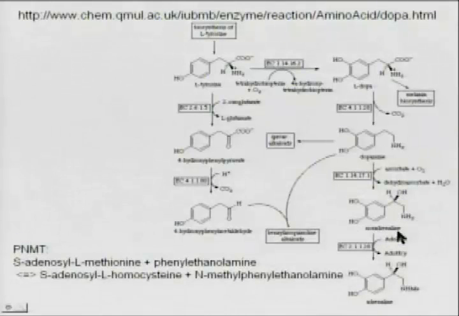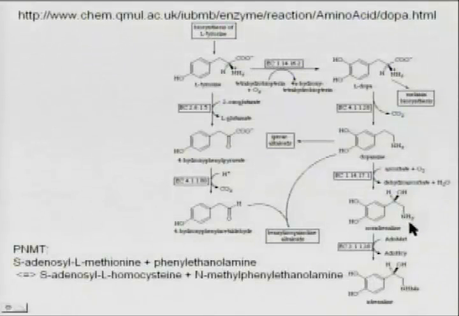So this is the norepinephrine or noradrenaline. Then the final enzyme, the PNMT, phenylethanolamine N-methyltransferase. So this molecule is also called phenylethanolamine. We have the ethanol here, phenyl, and it is 2 carbons. So phenylethanolamine N-methyltransferase.